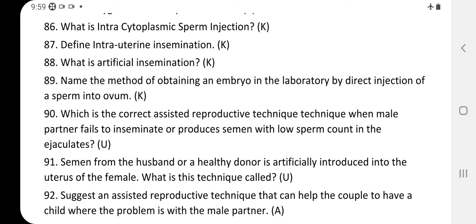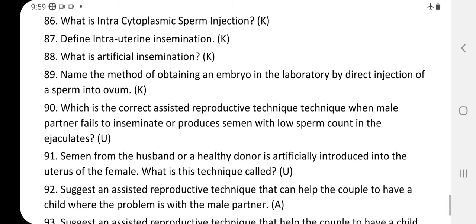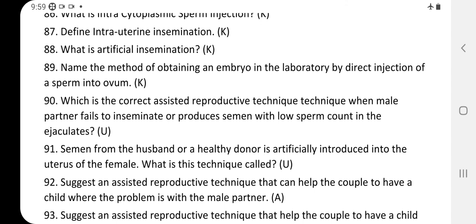In such cases, artificial insemination takes place. It means the semen is collected from the donor or from the husband, and it is artificially introduced into the female vagina or into the uterus.